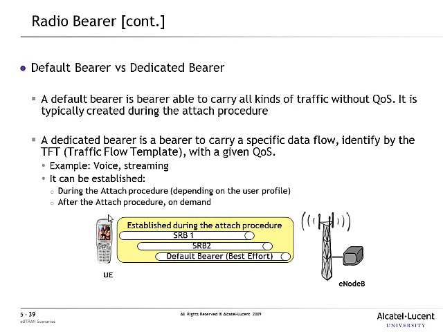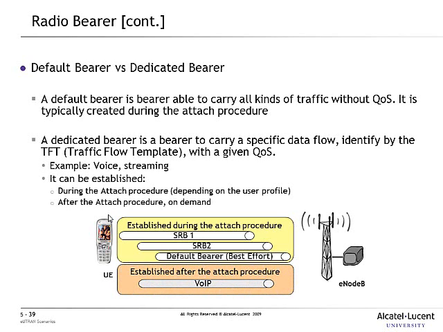Now, for some communication, the default bearer may be good enough, but if you want a dedicated bearer, then you have to request for that, and you have to be allocated a dedicated bearer. So a dedicated bearer only carries a certain type of flow, for example VoIP.